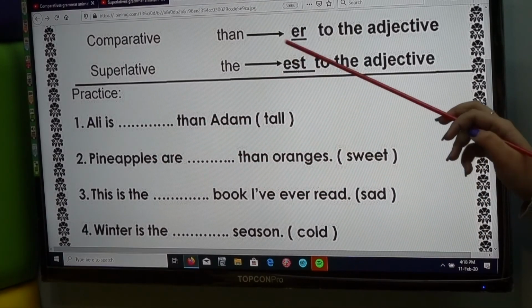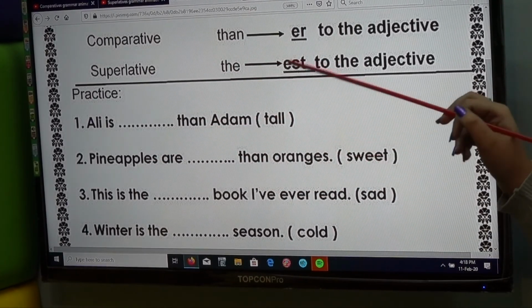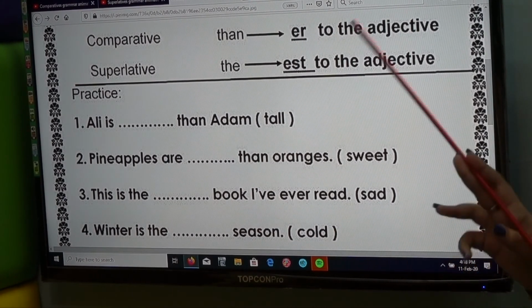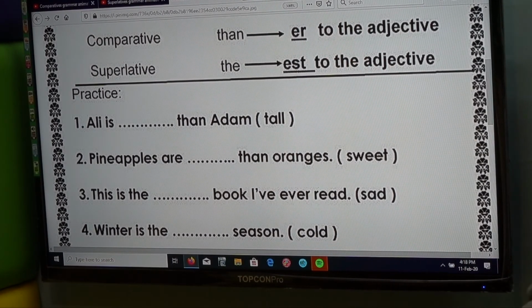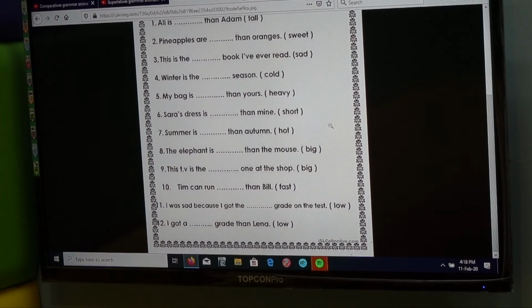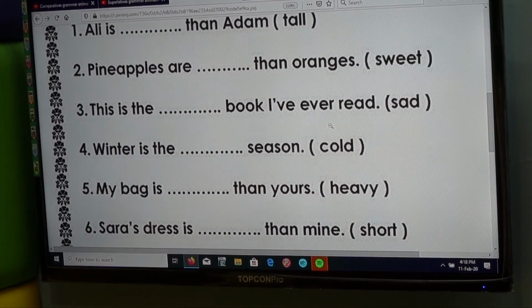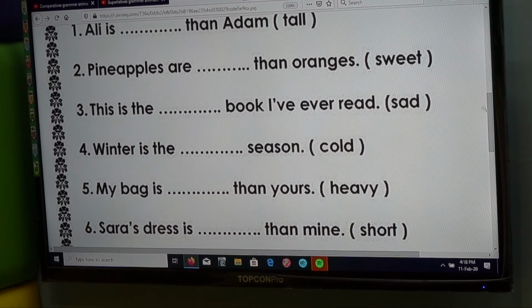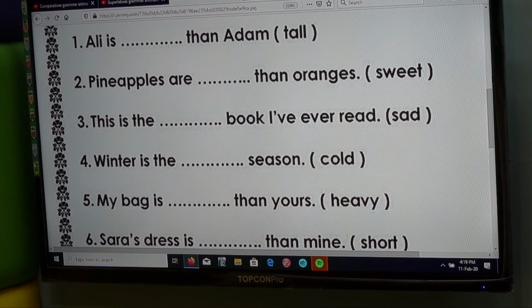And for superlative, we add est, st, or iest, depending on the situation. Okay? Let's look at number 1 now.